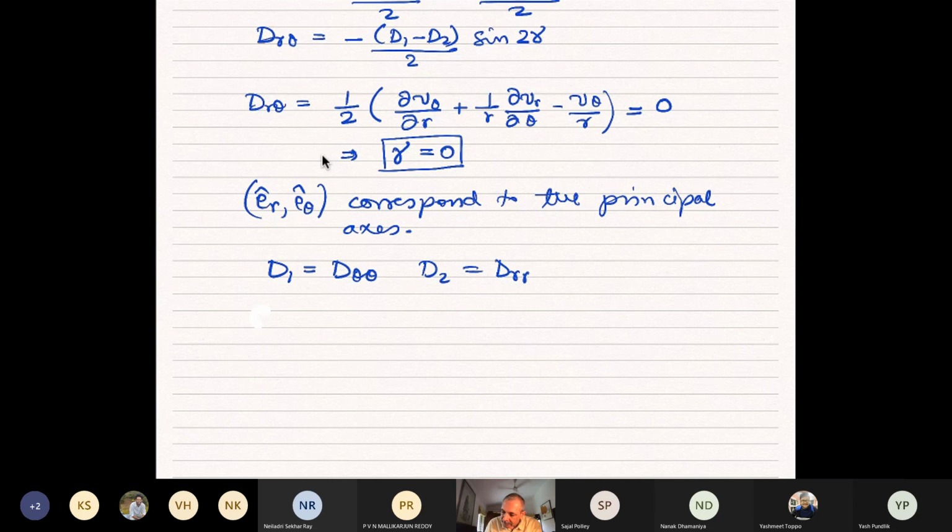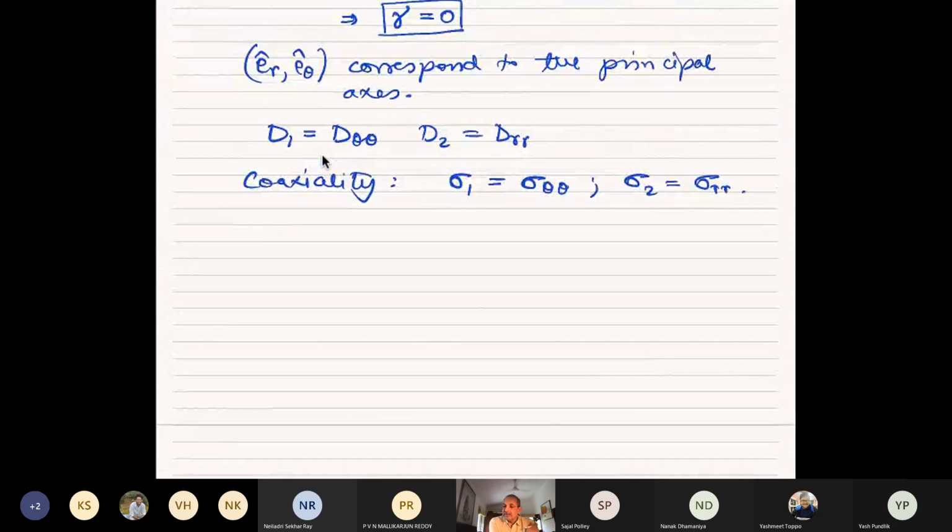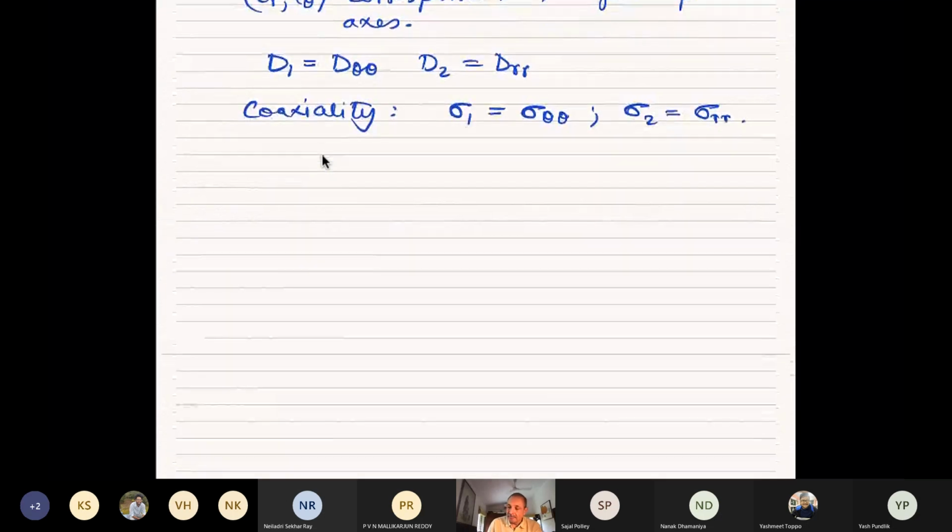And due to coaxiality, since the principal axes are collinear, the principal stress sigma 1 must be equal to sigma theta theta, in the same direction, and sigma 2 must be equal to sigma r. So this is what the coaxiality condition gives us, that both of these principal components act in the same direction.